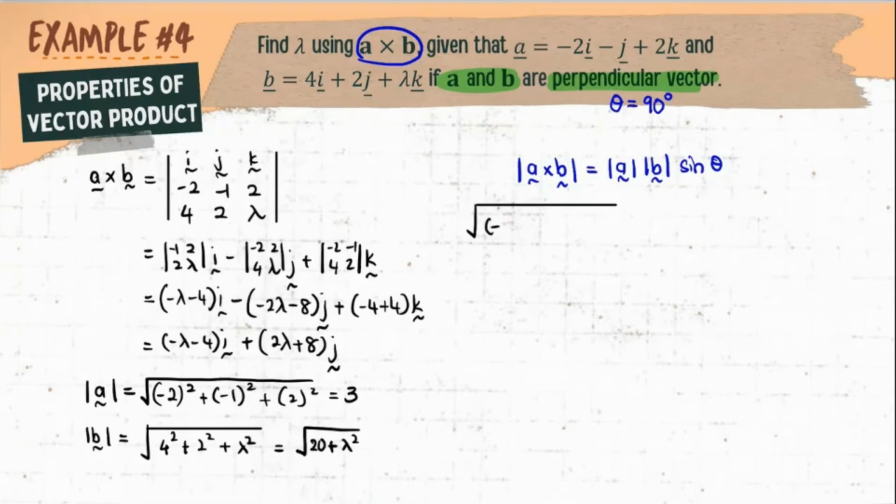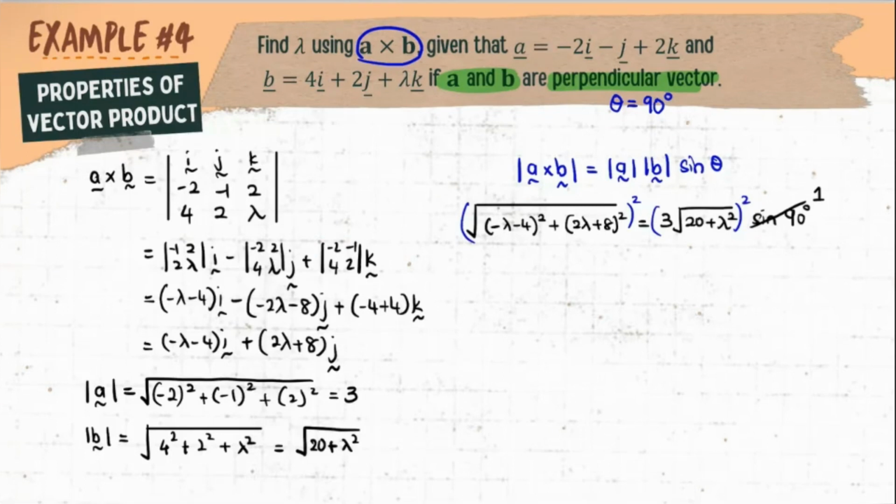Negative lambda minus 4 squared plus 2 lambda plus 8 squared. Okay, equals to magnitude of A tadi 3, magnitude of B adalah square root kepada 20 tambah lambda squared, sin 90. Okay, sin 90 sama dengan 1, so tak ada masalah lah. So now kita akan buat squaring both sides, nak hilangkan square root.